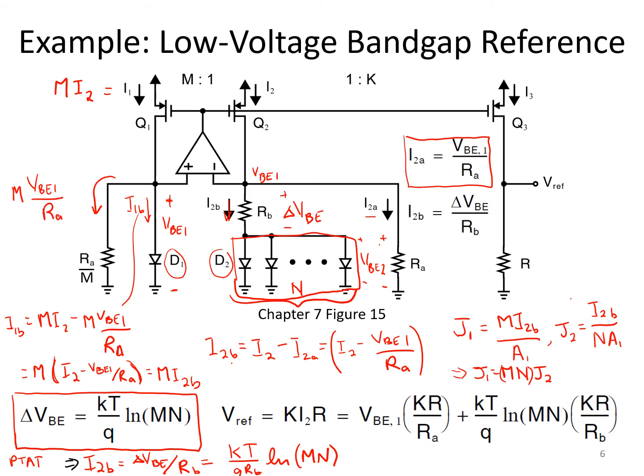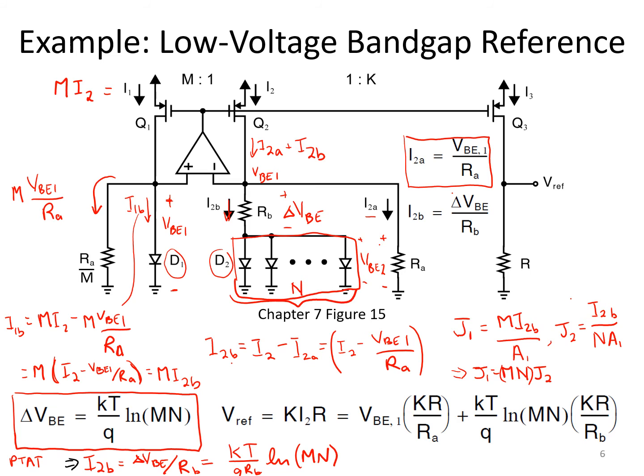So the total current then flowing down here, I2, is the sum of I2A, which is basically a VBE1 voltage divided by RA, and I2B, which is a PTAT current.